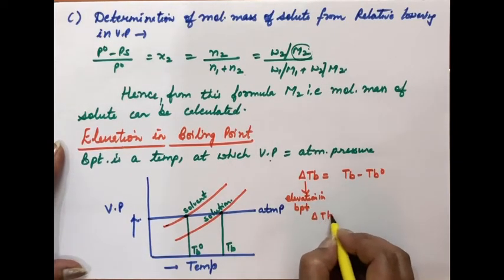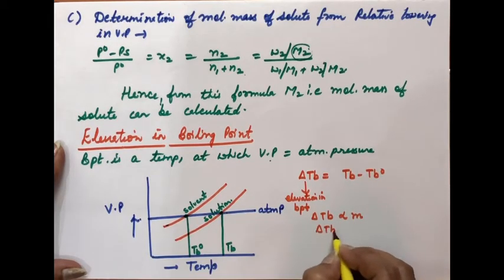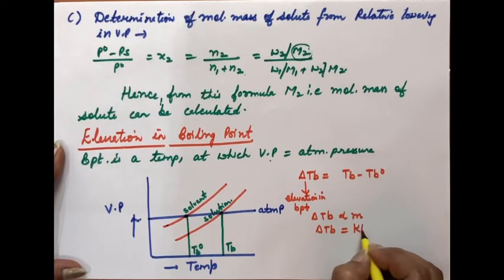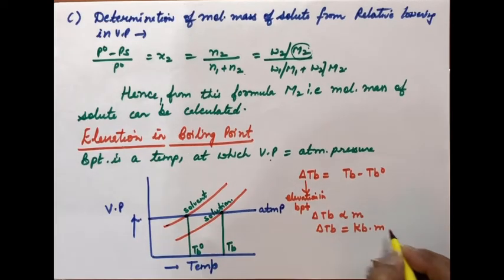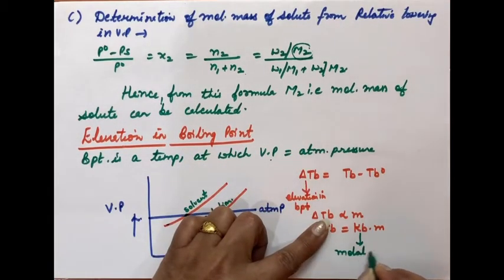And we also know delta TB is proportional to molality of a solution. And to remove the sign of proportionality, we use a constant Kb. This constant is called molar elevation constant, or also called ebullioscopic constant.